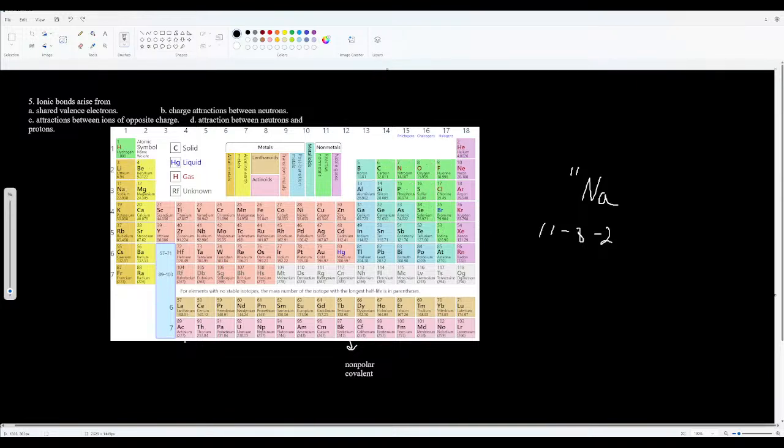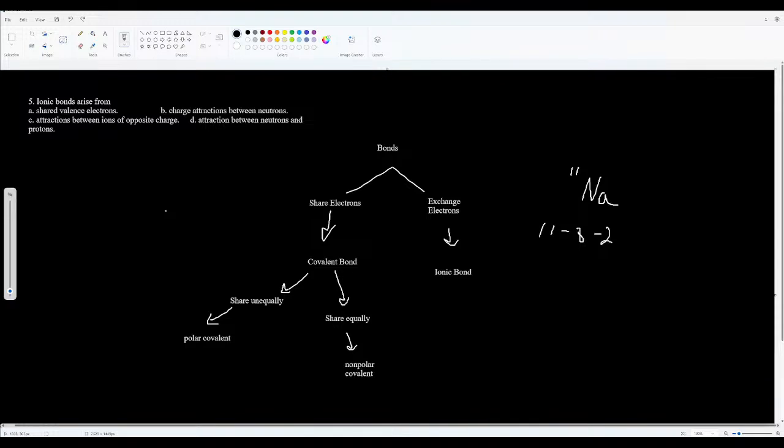So anyway, for sodium, we calculate the number of valence electrons by taking the atomic number, which is 11, subtracting 8, and then subtracting 2. Then we get 1, so 1 valence electron. I would draw in all the protons, neutrons and electrons, but I'm just going to shorthand it because that's a lot easier.